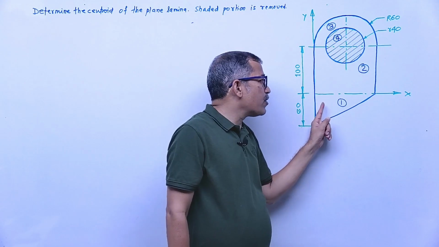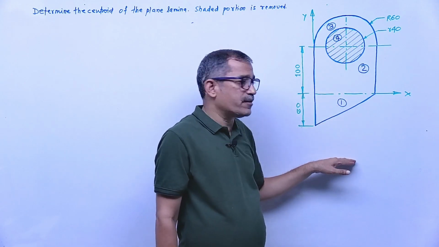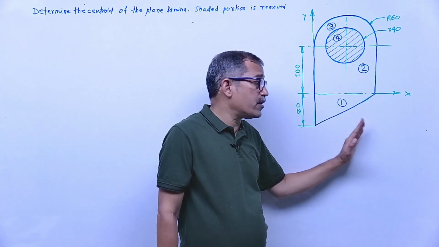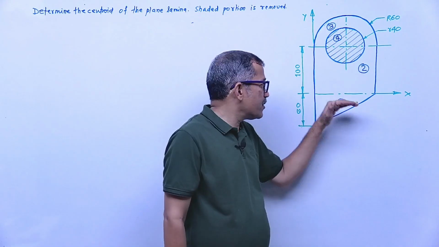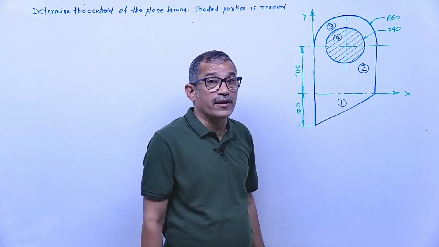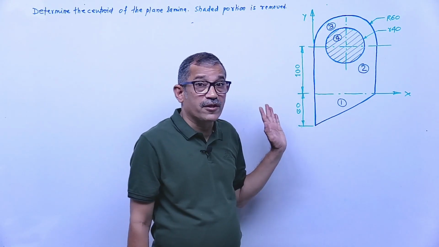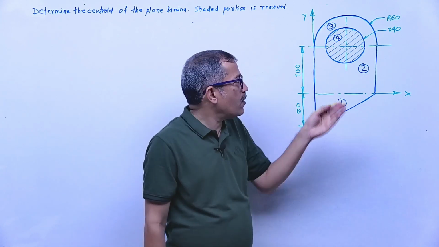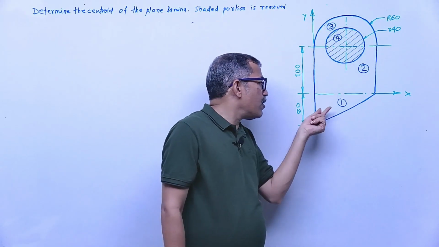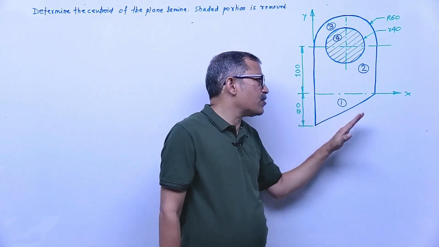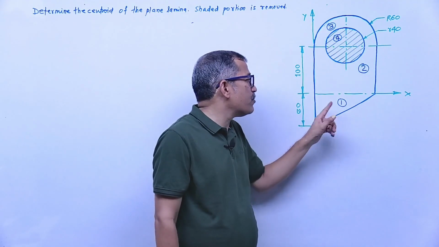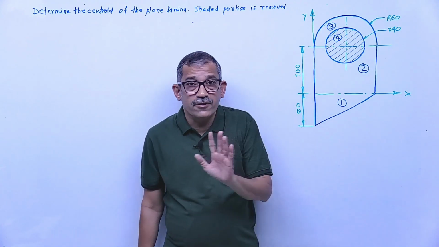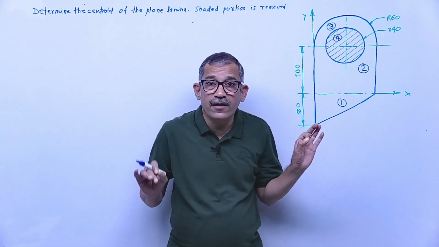But this component is below the x axis, right side of the y axis, means which quadrant? Fourth quadrant. X positive and y will be negative. So you should not get confused with plus minus. One area is negative, that is the area of the circle. For the first component, x positive and y negative because the centroid will be below the x line. Clear? Do not make mistakes in plus minus.